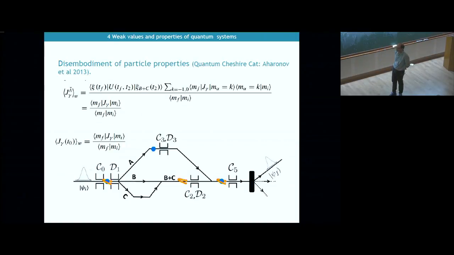And so even if you don't like this interpretation of disembodiment, you still have to account for the fact that a weak pointer here will only change if it's coupled to the angular momentum, and not if it's coupled to the spatial wave function. And here instead, you have the opposite. If you couple the pointer here to the spatial wave function, you will see the trace of the particle, but you won't see any trace of the momentum.